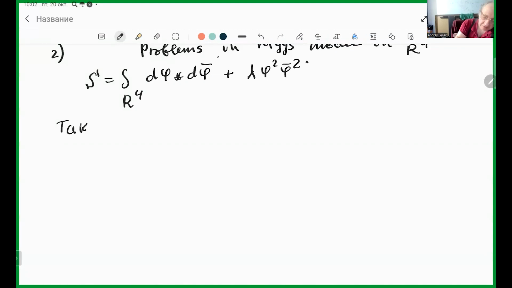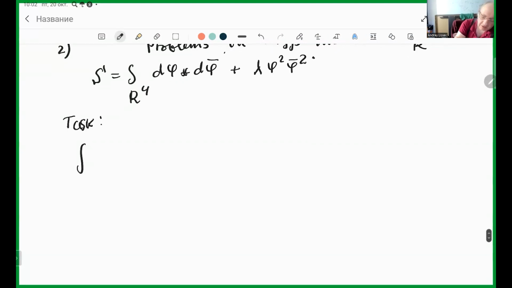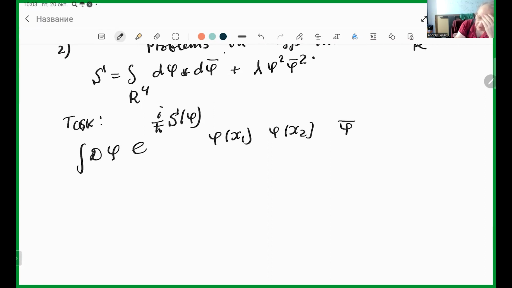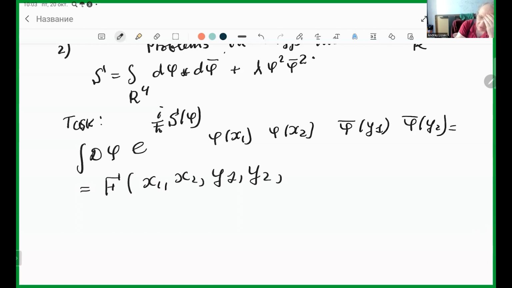So the task: compute an integral of something like phi of x1, phi of x2, phi bar of y1, phi bar of y2 as some function of x1, x2, y1, y2, lambda, and h.